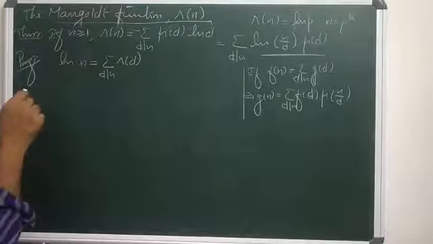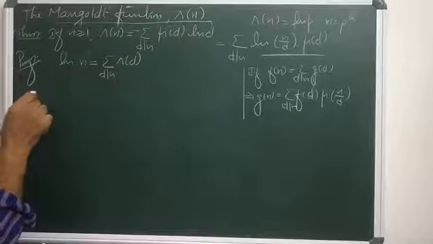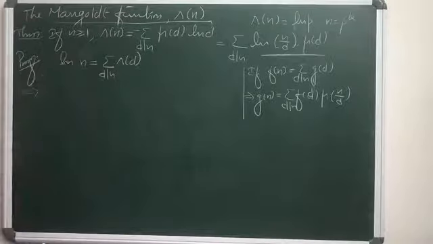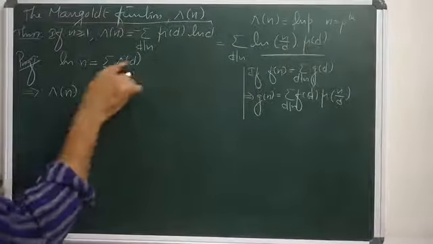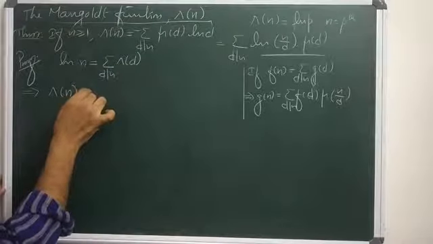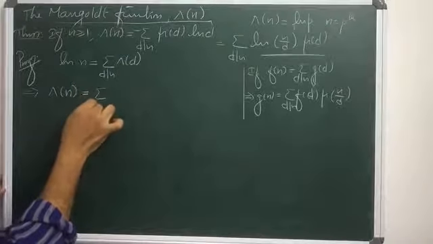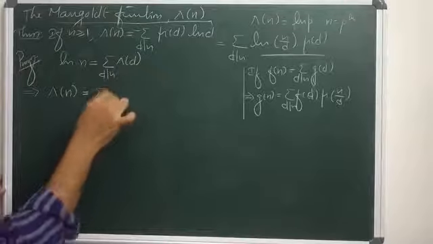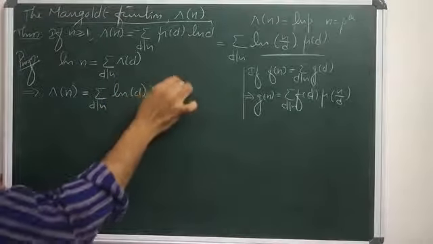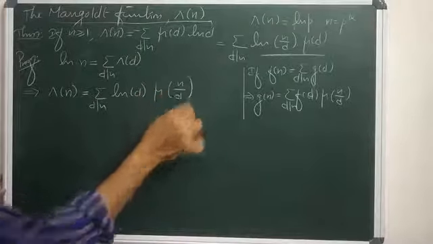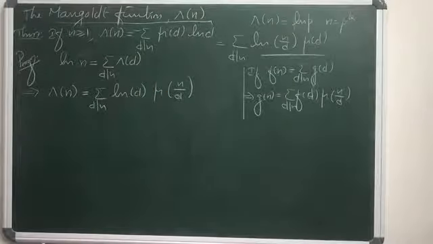So by using the Mobius inversion formula, what do you get? Here instead of g, it is Λ. So Λ(n) equals Σ_{d|n} log d μ(n/d). This is by the Mobius inversion formula.